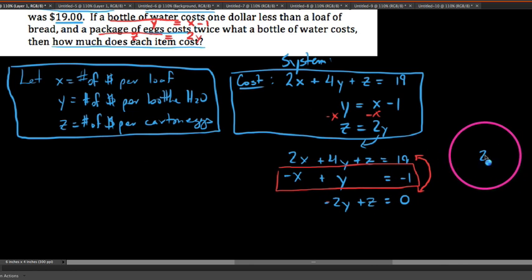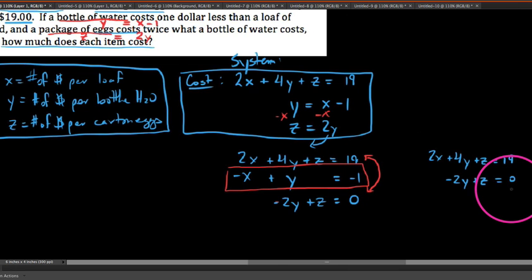So with respect to these two equations, we have 2x plus 4y plus z is equal to 19. That's our first equation. And then our third equation, negative 2y plus z is equal to 0. What we want to do is cancel out the value of z here.